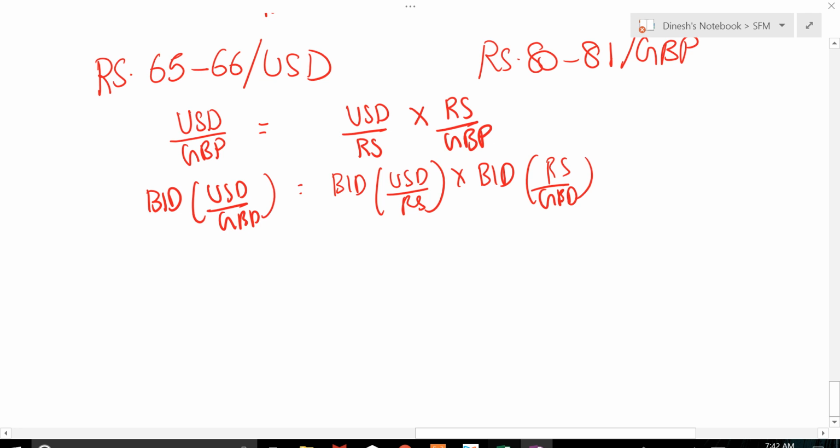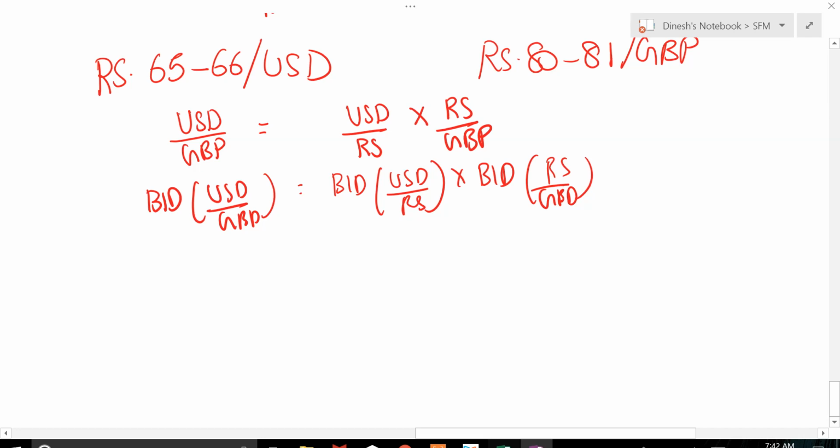Is the given quote USD per rupee, or rupee per USD? Rupee per USD. I cannot use it directly. I'll have to convert this as 1 by ask rupee per USD. Able to understand this? Bid USD per rupee is not there in the question, so I'll have to use 1 by ask rupee per USD.